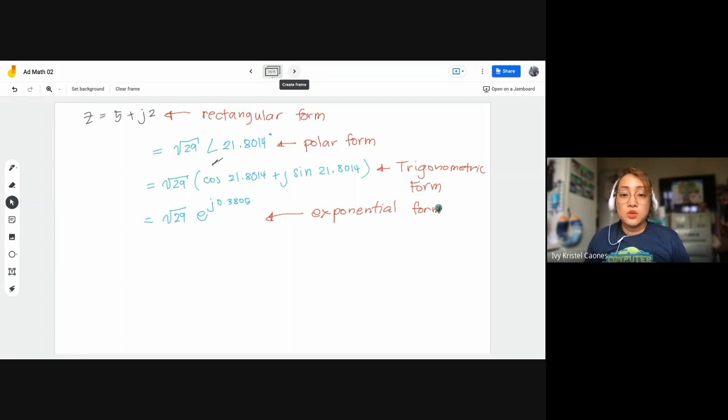Okay? So then, we have different operations for addition, subtraction, multiplication, division, conjugate, and multiplication and division in polar form. So if you are given the trigonometric form, it is okay. If you convert it into polar form, then you put it back in the trigonometric form, unless it is stated which process you should do.